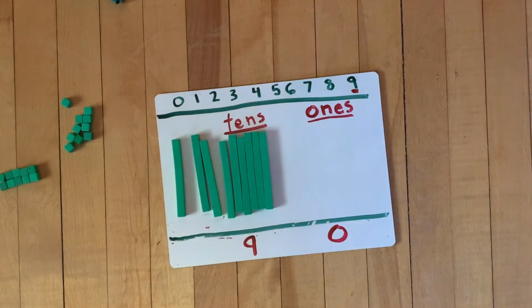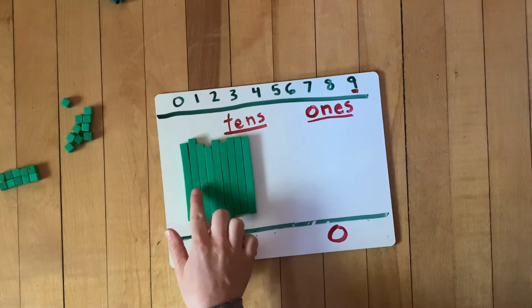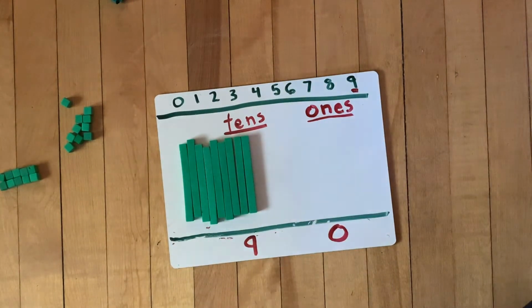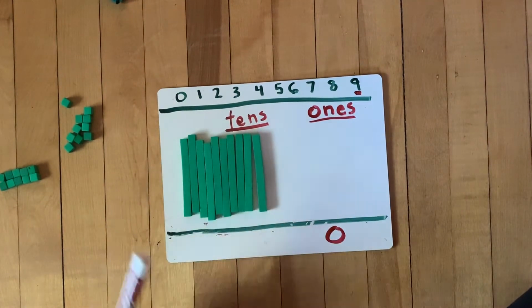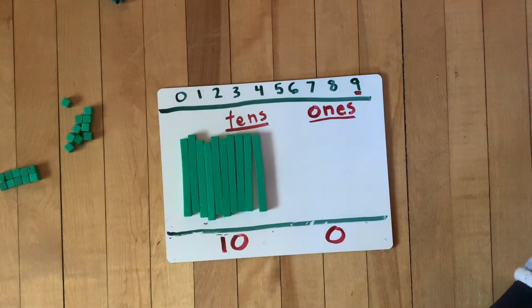This is where I'm introducing you to the third digit, the hundreds place. Once you get to 90, 10, 20, 30, 40, 50, 60, 70, 80, 90, your next 10 is going to make a group of 10 tens.